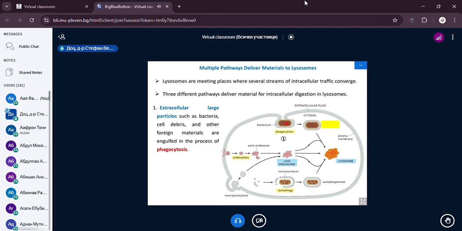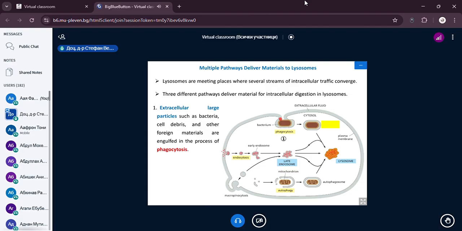as whole bacteria or cell debris of already dead cells or other foreign material which is being engulfed during the process of phagocytosis. And here you see the process of phagocytosis. This is the engulfment, or eating, of a whole bacterium.